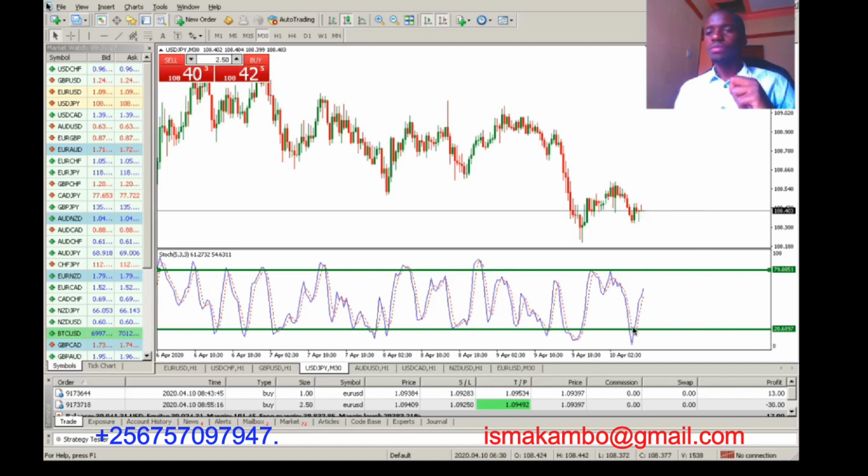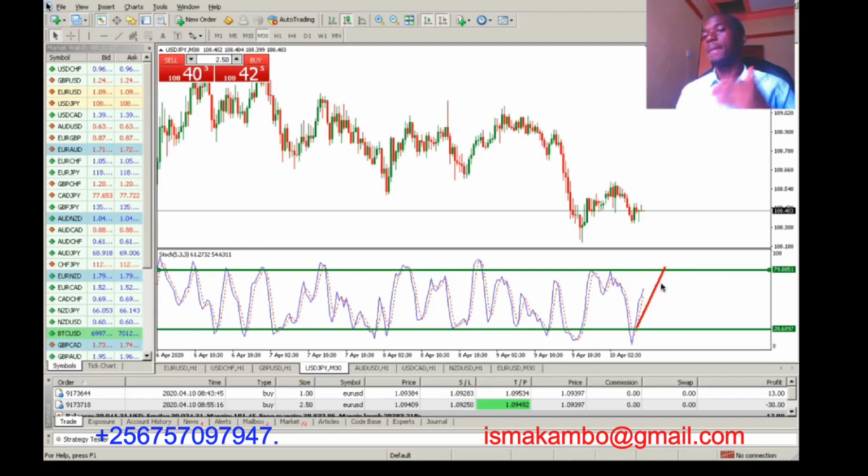Let's concentrate on the indicator itself. Now, let's say you had bought at some point here, and then this market comes. Right now, it's a buy, but we shall stop buying if this market actually reaches here.